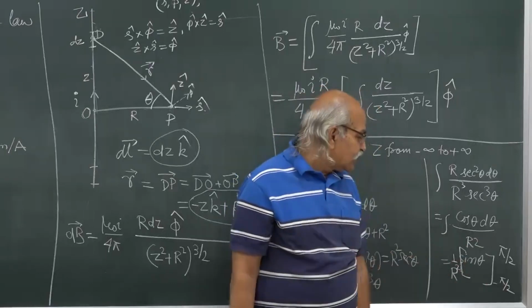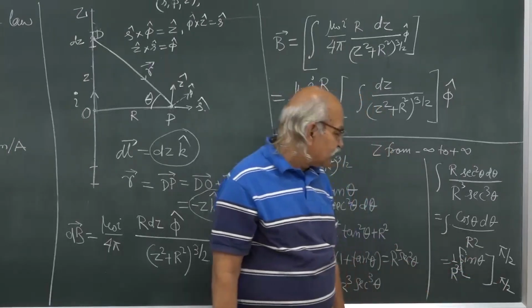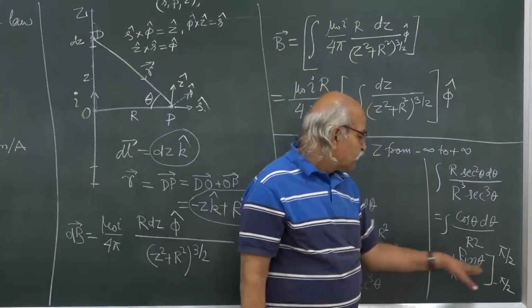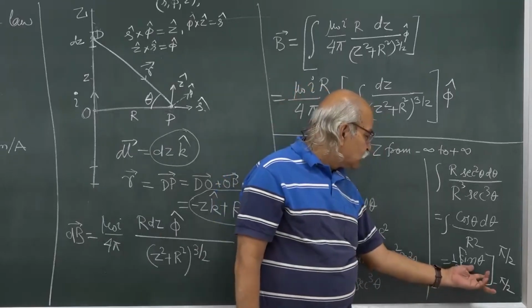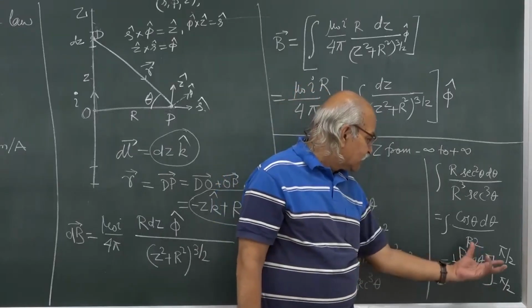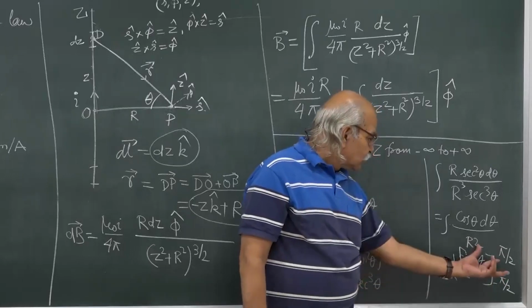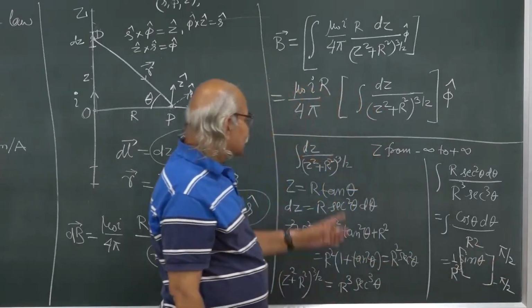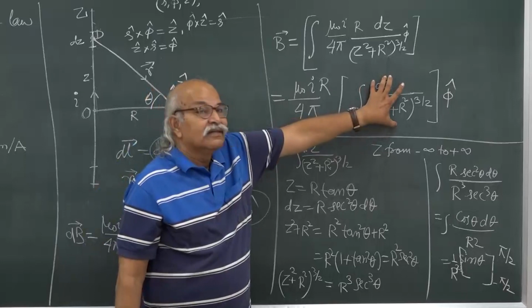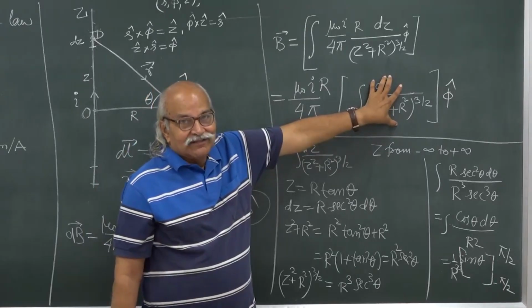Sine of pi by 2 is 1, sine of minus pi by 2 is minus 1, and then you have another minus in between. So this will become 2. So this is 2 by r square. Remember, this integration is 2 by capital R square.